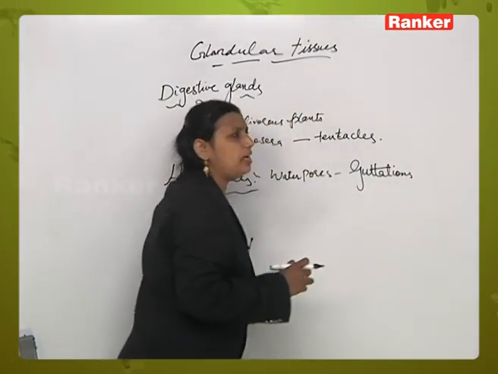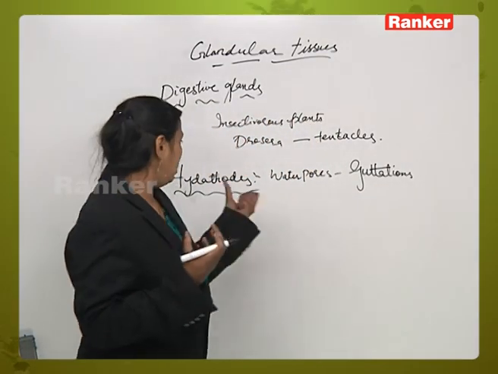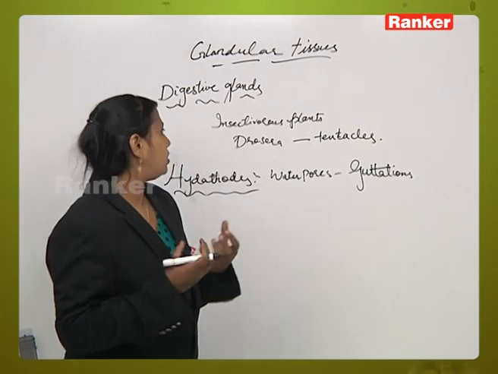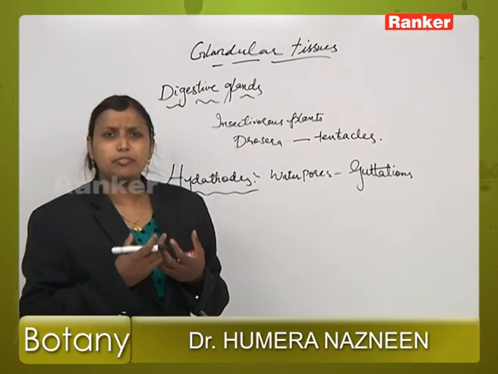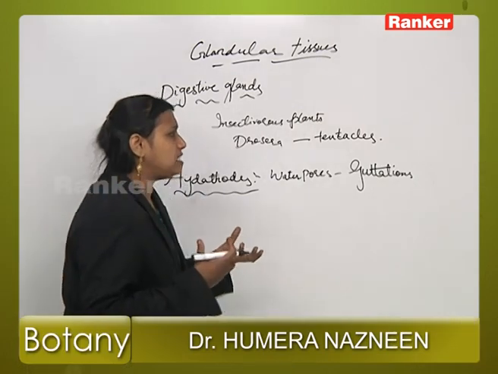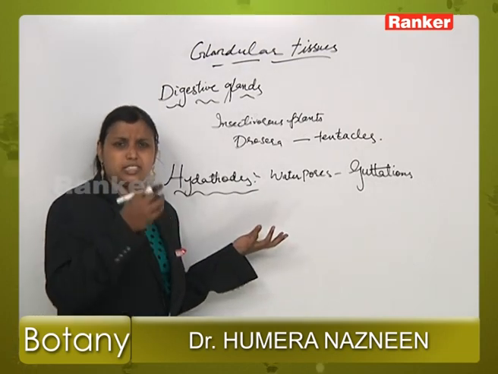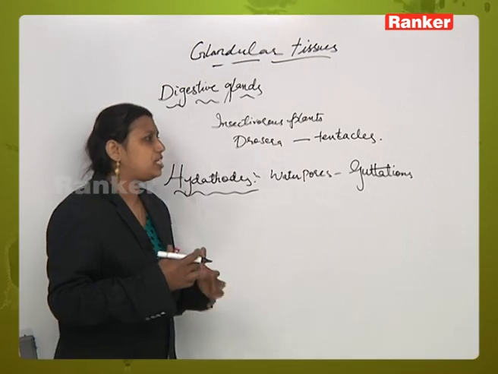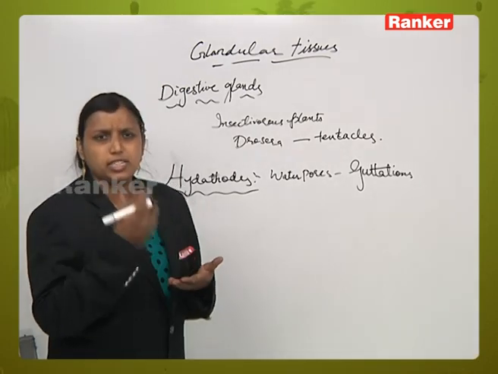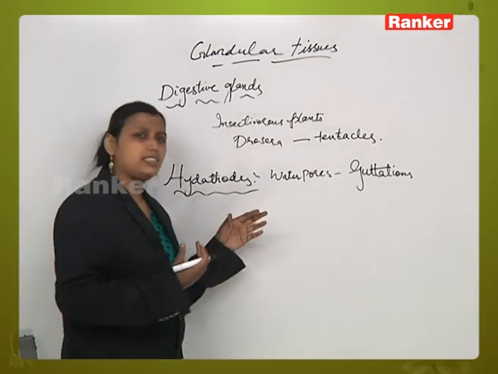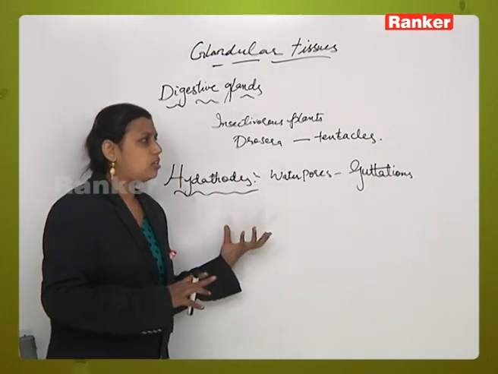It is a gland which is used to release the excess of water from the plant body, and these possess some external structures. Where there is a low rate of transpiration and excess of water to be excreted out, then this type of glands come into function. Those are called hydathodes.